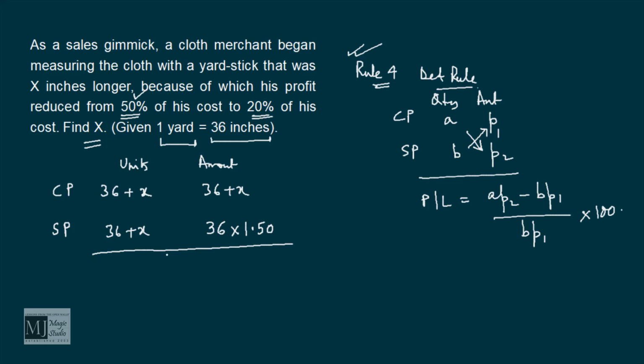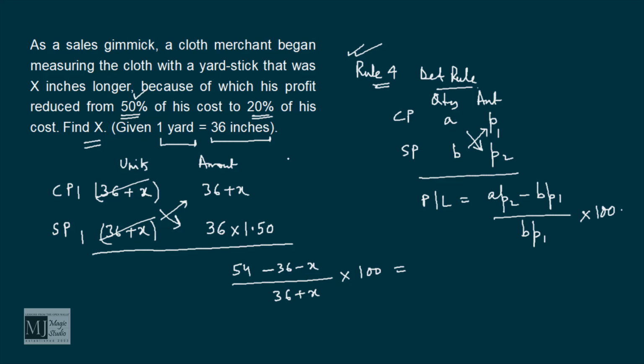Now, if we use this particular formula here, since these two values are the same, I can find the ratio of these two, that is 1:1. Now it's easy to calculate. Principal diagonal, 36 into 1.5, would be 54, minus secondary diagonal, 36 minus X, upon secondary diagonal, 36 plus X, into 100 is equal to the new profit.